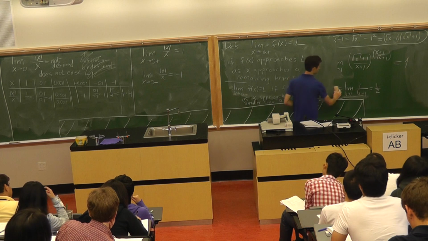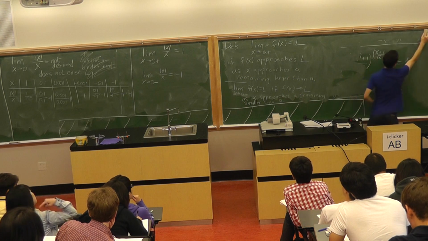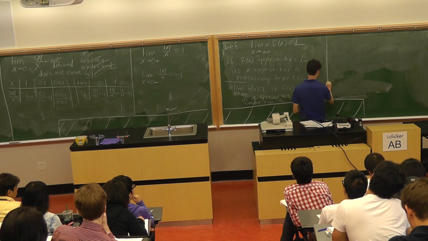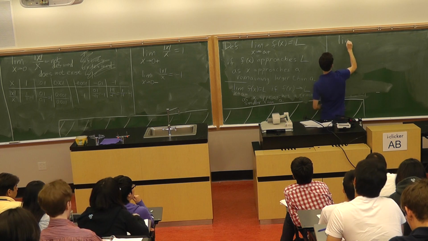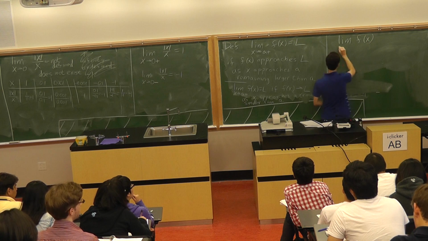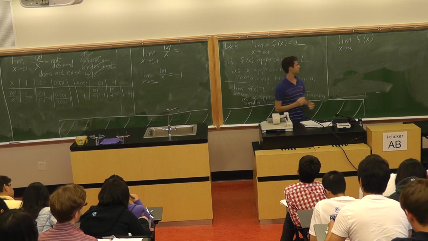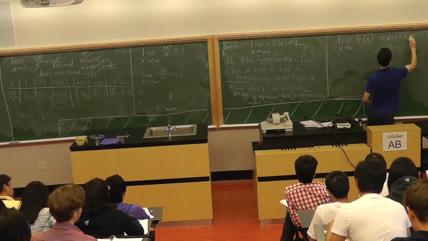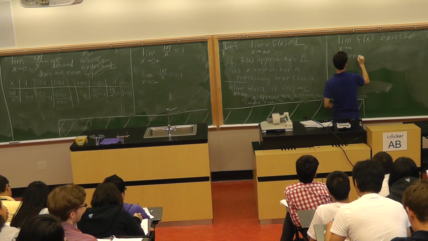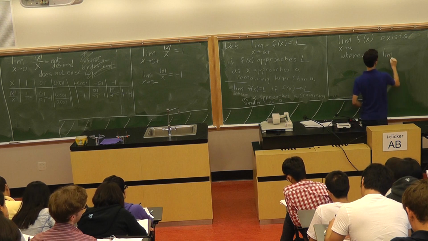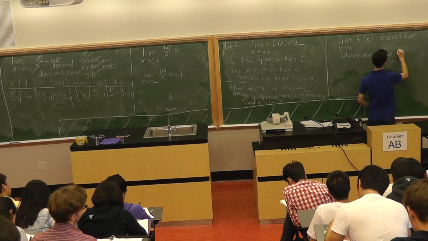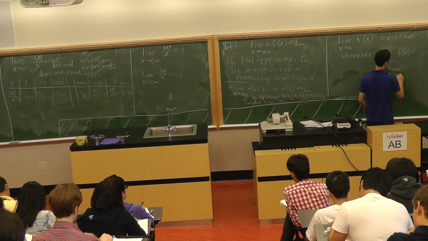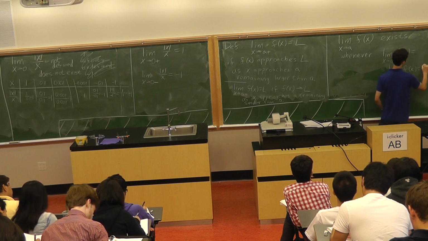So that's quite a general thing. The limit of a function, just the usual limit, exists if and only if the limit from the left agrees with the limit from the right, and both are equal to some number.